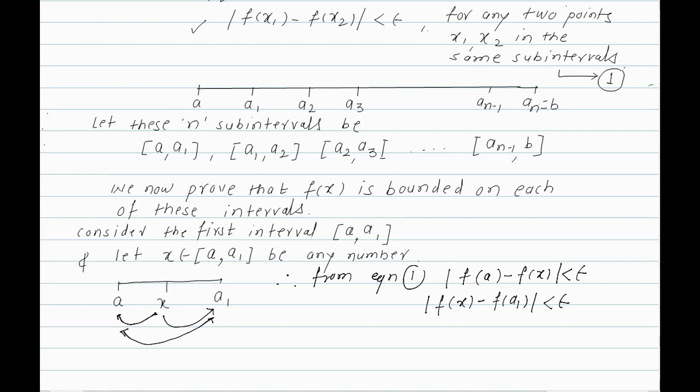So again from equation 1 we get mod of f of a minus f of a1 less than epsilon. So suppose this is equation number a1, this is equation number a2, this is equation number a3.